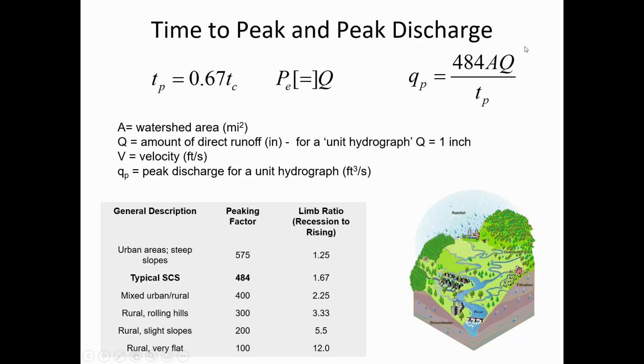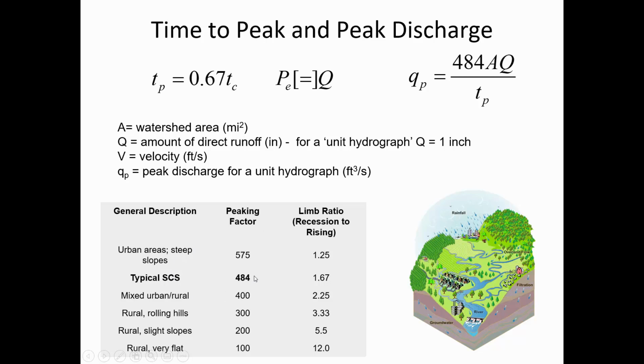So the precipitation excess that you calculate from the NRCS method, that's what is called Q in this formula, and Q is just a runoff depth. If you know the runoff depth, you can use this empirical equation to calculate the flow rate that you're going to see depending on a peaking factor that varies based on the land use of a watershed.